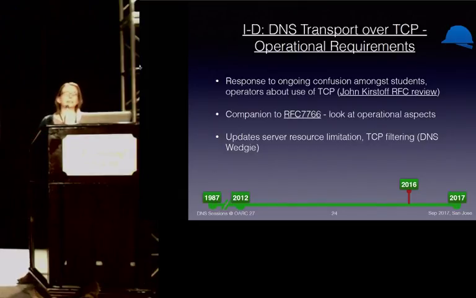So this prompted him to create a companion document to 7766, which is the operational requirements. So it's looking at things like how to actually be more explicit about managing server resources, how to do TCP filtering, and it has one of my favorite internet draft section titles, which is the DNS wedgie. So I recommend reading this. And I really think, talking to a room of operators, I really encourage people to look at this and give feedback, because I think this is a very valuable document.